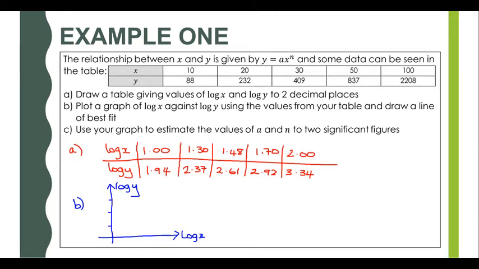So the vertical axis needs to go up to 4 and the horizontal axis needs to go up to 2. So we'll just carry it on with our label. So 1, 2, 3. And then we can plot each of our points.